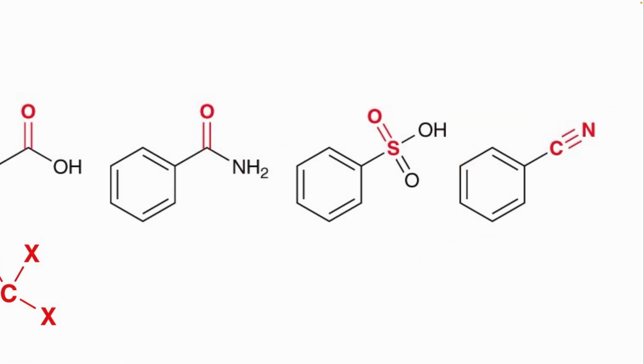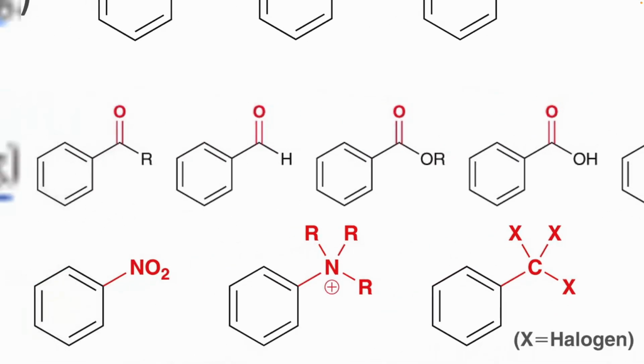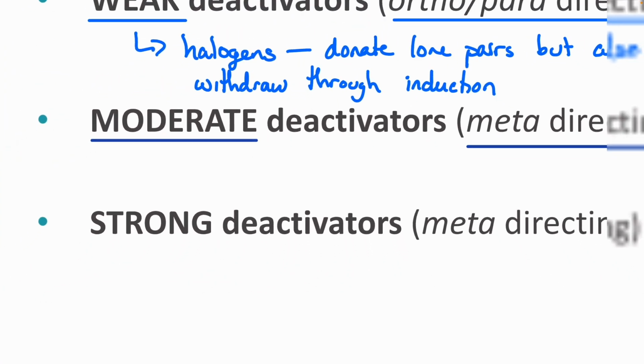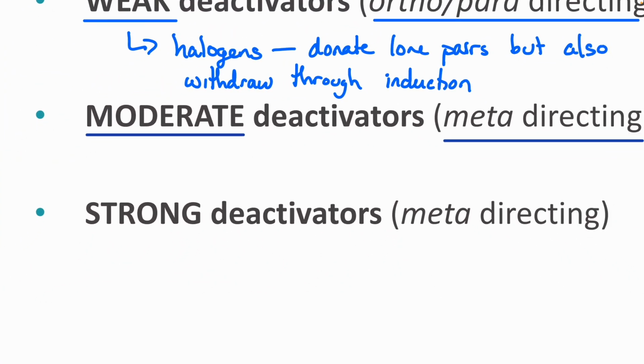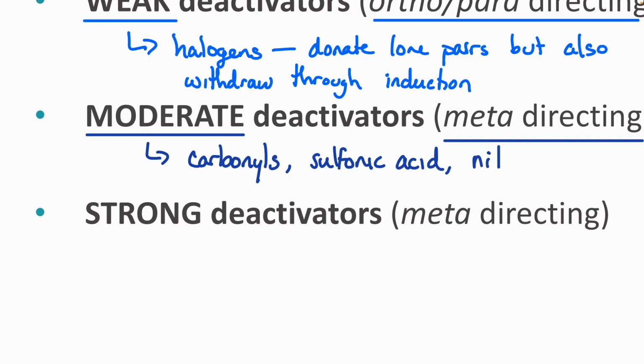We'll talk a little bit more about these carbon-nitrogen triple bonds, but they tend to behave a lot like carbonyl groups because you have this high-order pi bond to a more electronegative element, all right? So these are all our moderate meta-directors. All right, we have carbonyls. We're going to note those two special ones, our sulfonic acid group and that nitrile group.